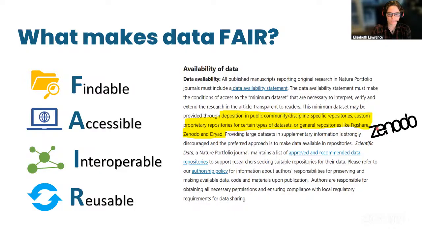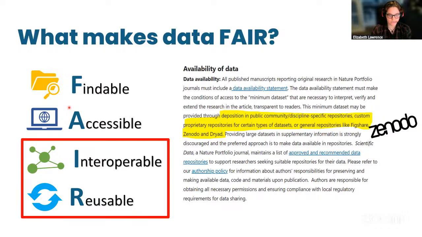So this means when we deposit our data in a repository like Zenodo, our data is not automatically FAIR. It might just be FA. So this is your reminder that we don't forget about the I and the R parts of FAIR.